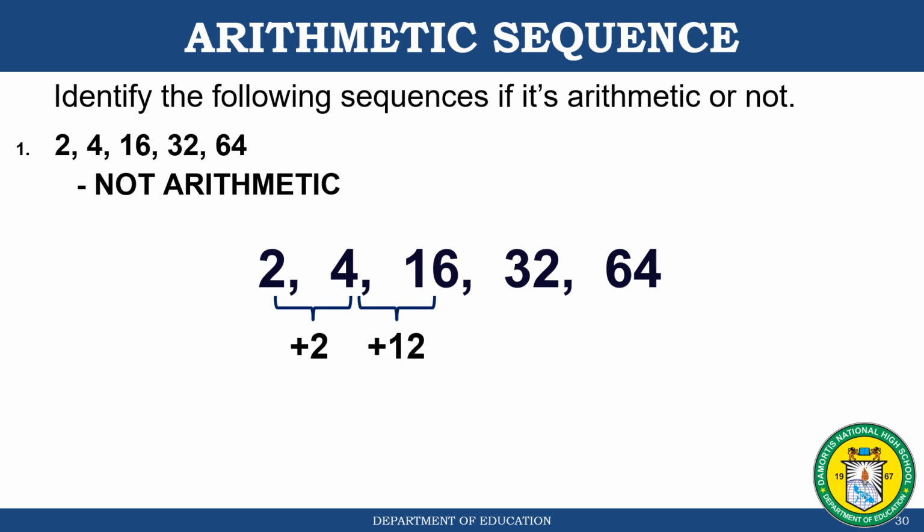And 32 minus 16, you will have 16. And finally, 64 minus 32, what do we get? The answer is 32. What do you notice on the differences of the consecutive terms? Okay, correct. There is no common difference, which makes the sequence in number 1 not arithmetic. Did you get it? Well done.